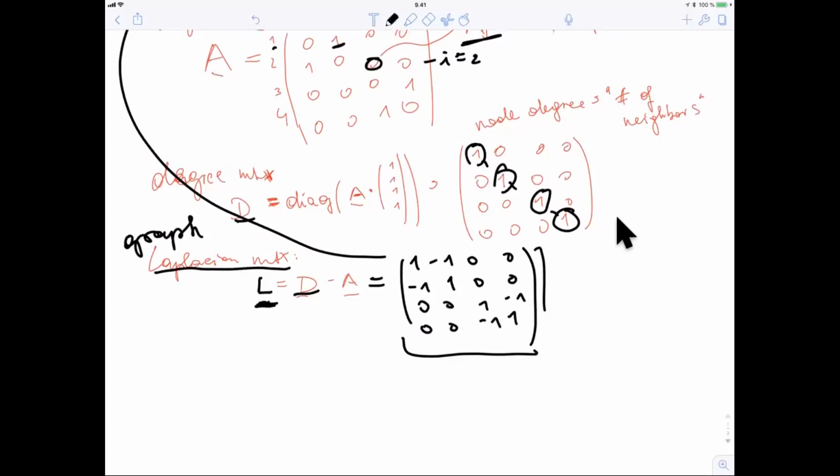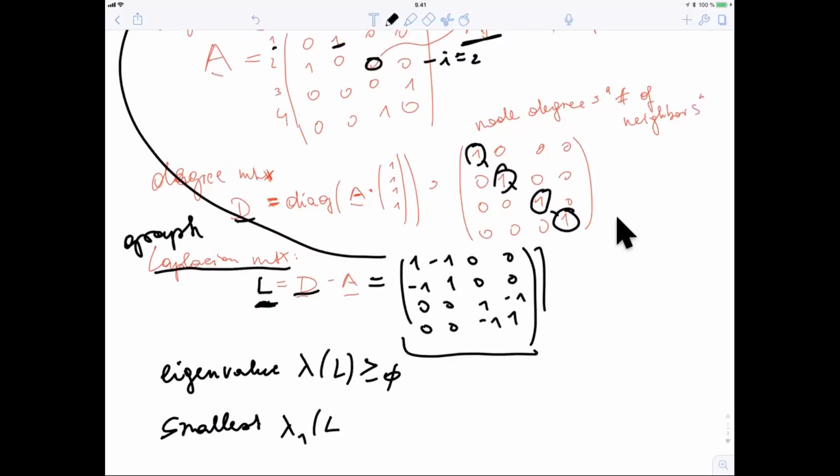You can show that any eigenvalue lambda of L is larger or equal than 0. We can order them, starting with the smallest one. Let's denote the eigenvalues lambda 1, smaller or equal than lambda 2, smaller or equal than lambda 3, smaller or equal than lambda 4.